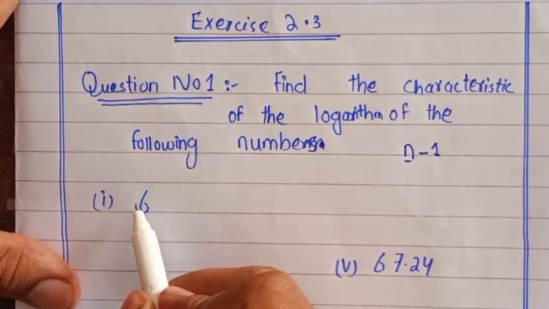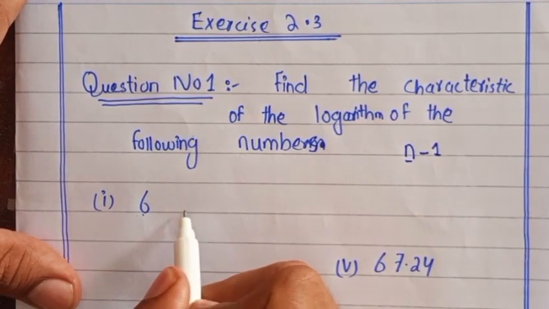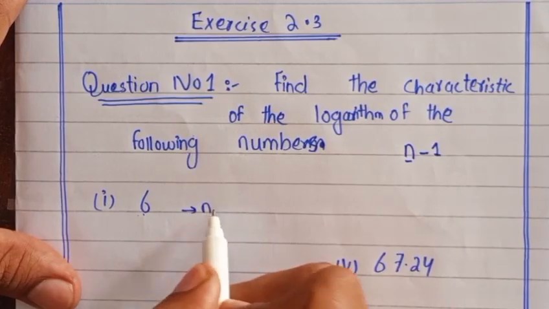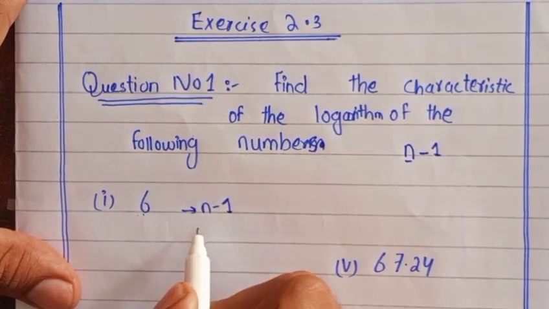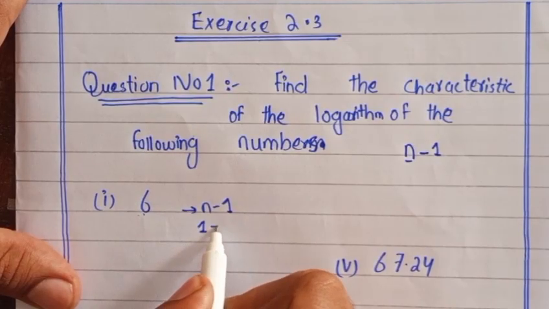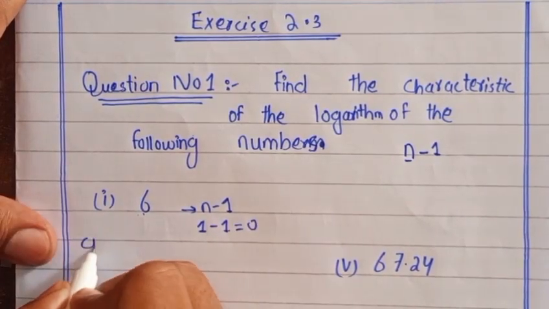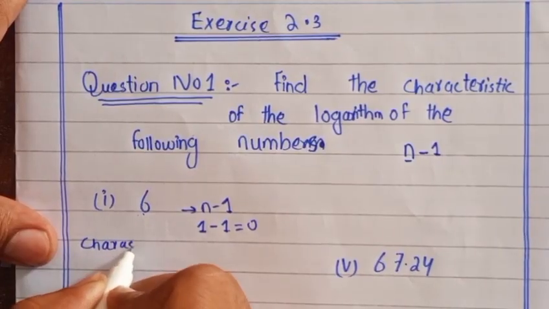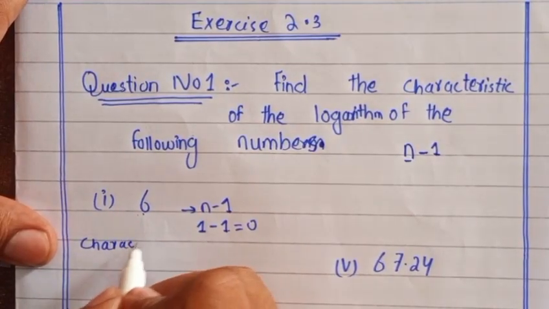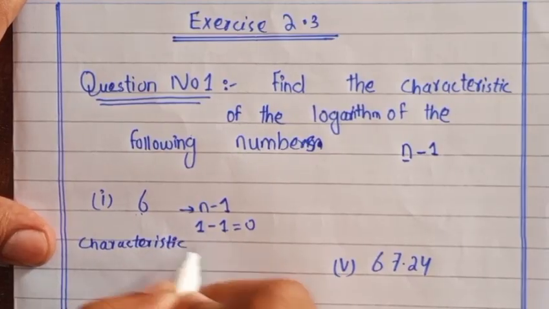Number 1 is 6, so just one digit is present. If I apply the formula n minus 1, one digit is there, so 1 minus 1 is equal to 0.